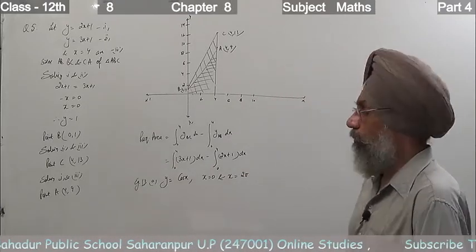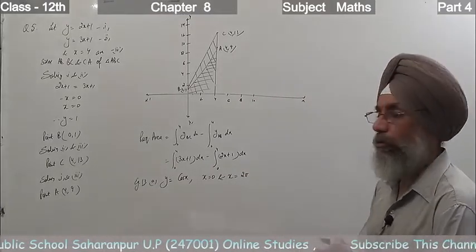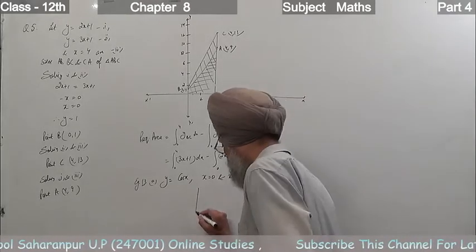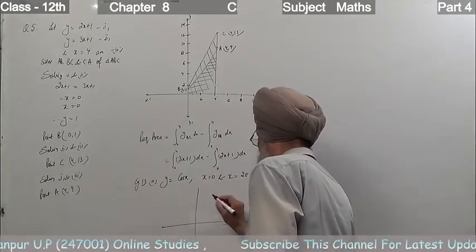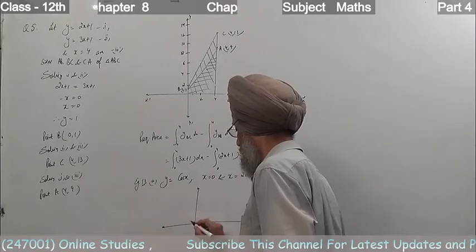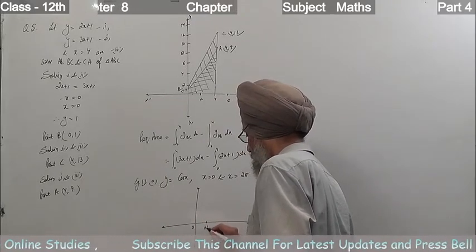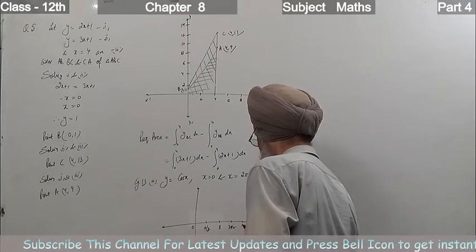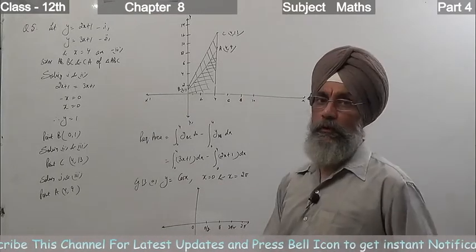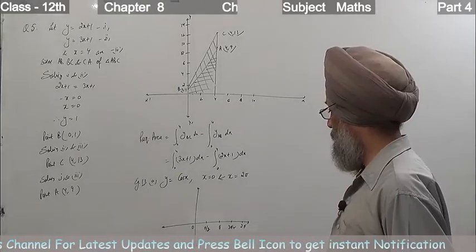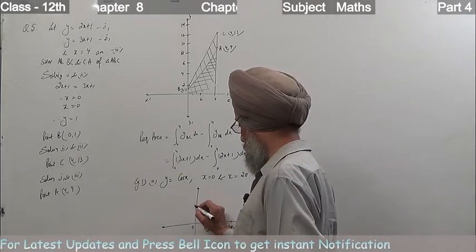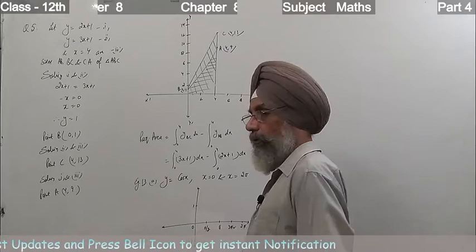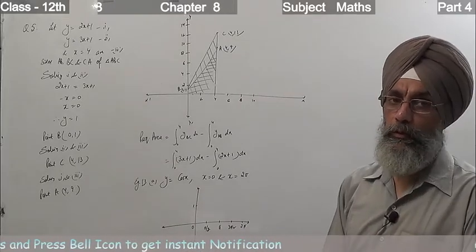Now we have to make a curve for y is equal to cos x. So let us divide it as 0, pi by 2, pi, 3 pi by 2 and 2 pi, because we have to take the value of x from 0 to 2 pi. Now the maximum value of cos is 1 and the minimum is minus 1. The value of cos lies between minus 1 and 1.